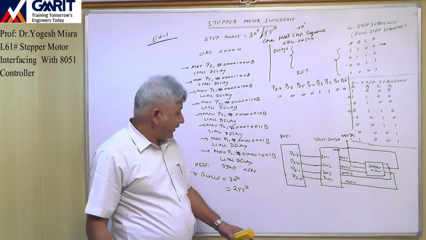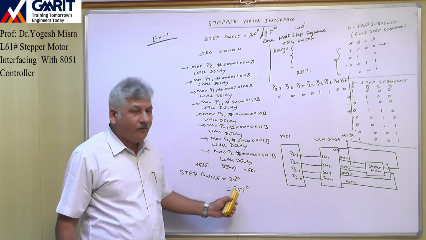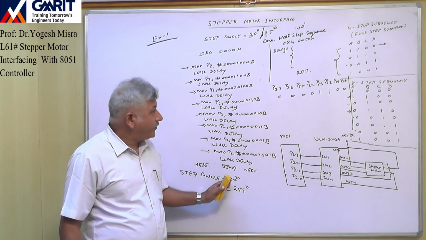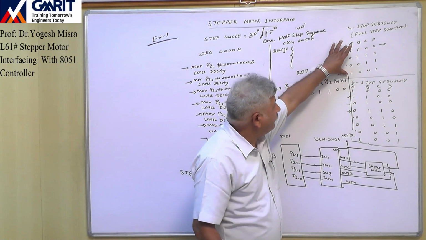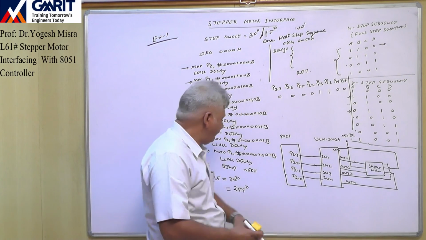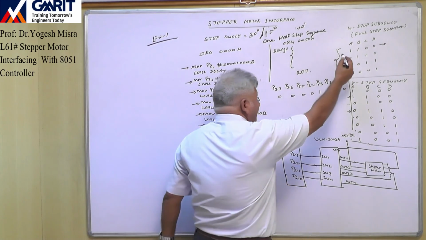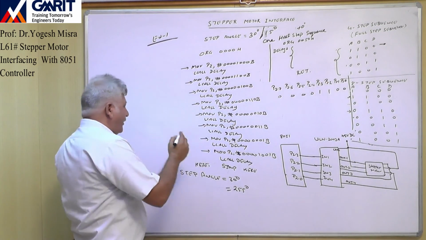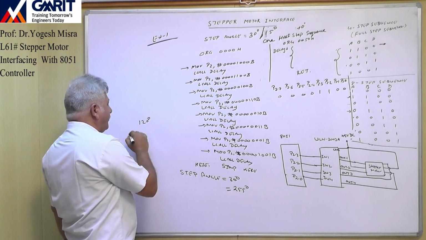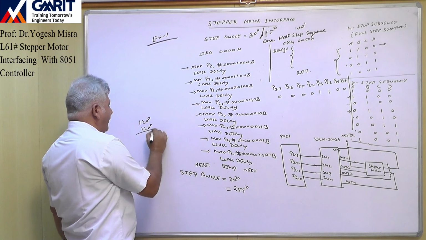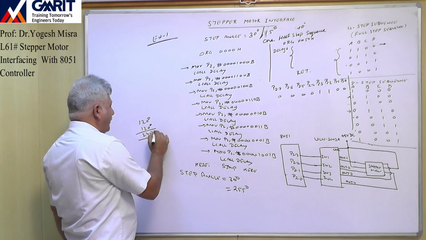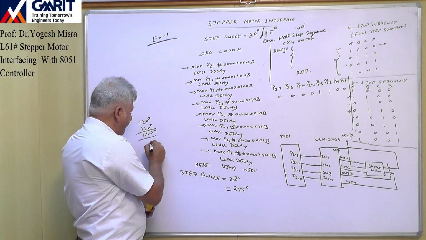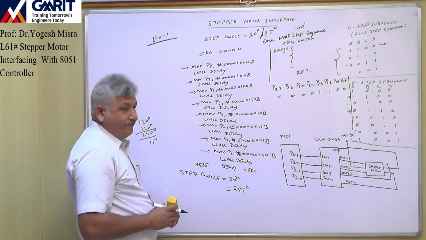Okay, the step angle is 30 degree, and we want to rotate it 255 degree. So in this case, if we use the 4-step sequence, then what will happen? With 2 four-step sequences, one 4-step sequence will rotate 120, another will rotate another 120, so we will get 240 degree, right? Now we have to rotate another 15 degree.